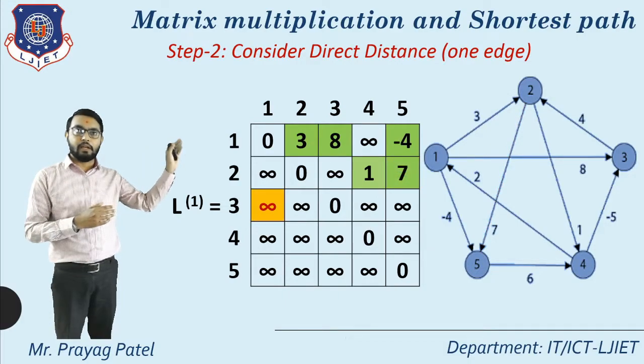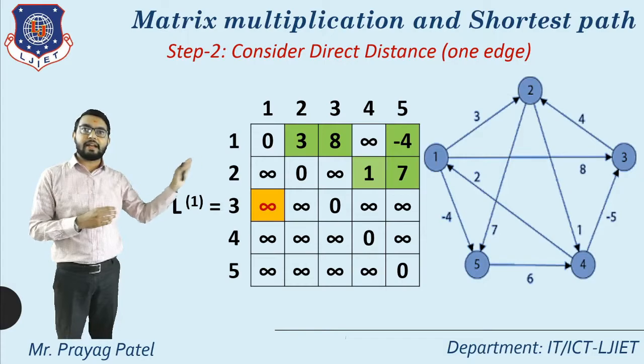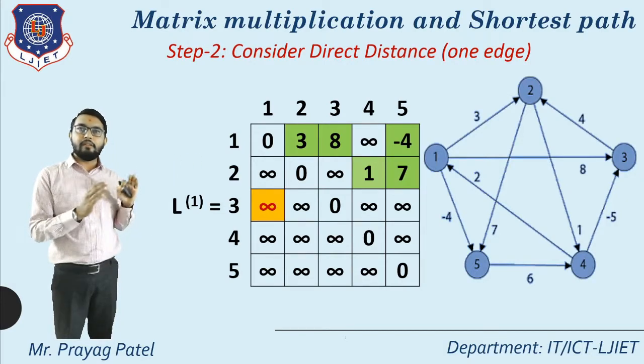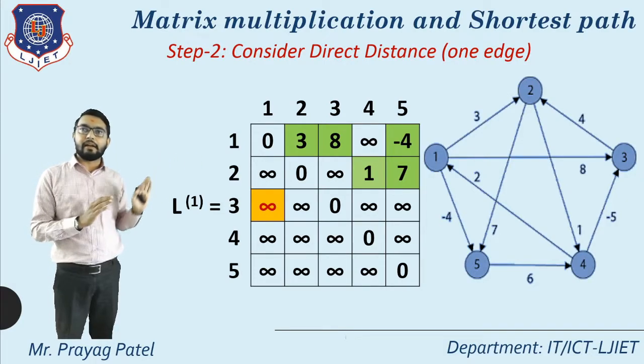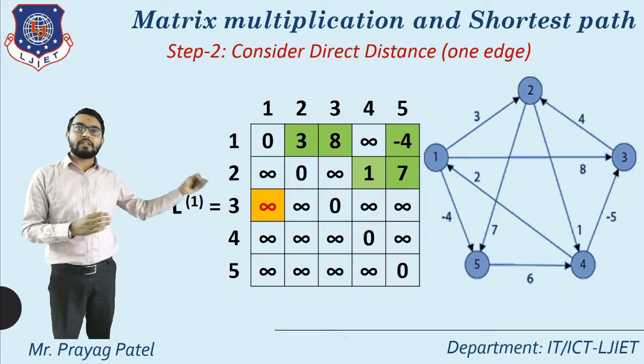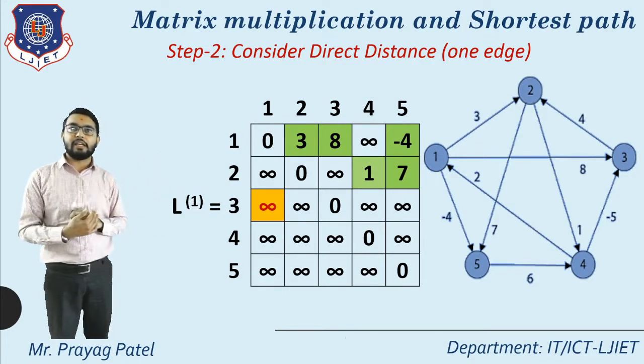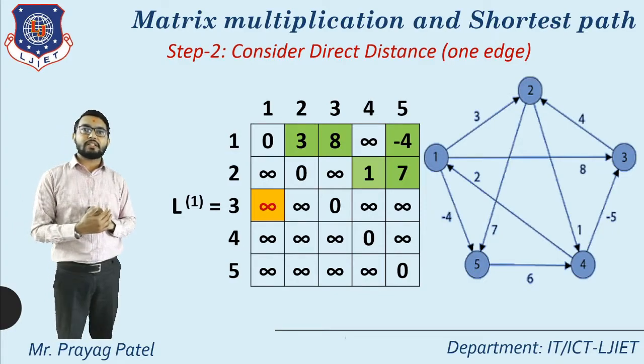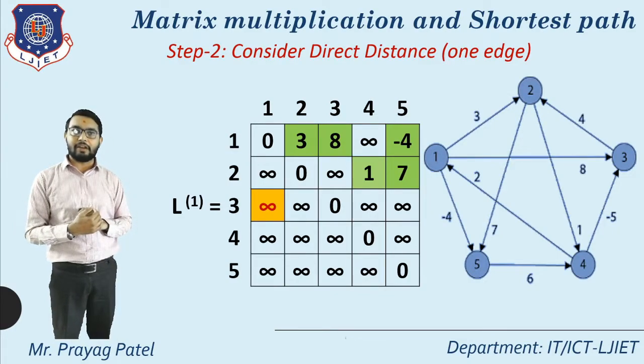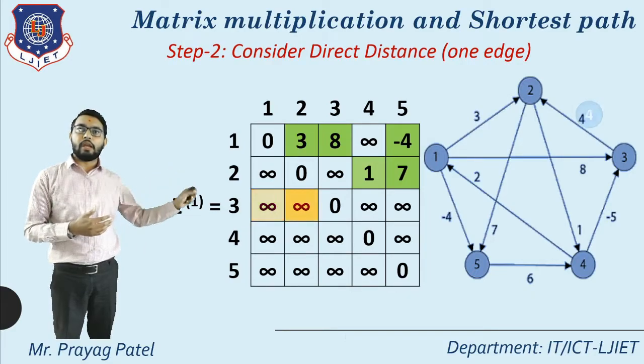Here in this table, green shaded cells are updated values and white shaded cells remain as they are. Now the next point is 3 to 1. Is the path from 3 to 1 available? Here the 3 to 1 path is not available, so no change.